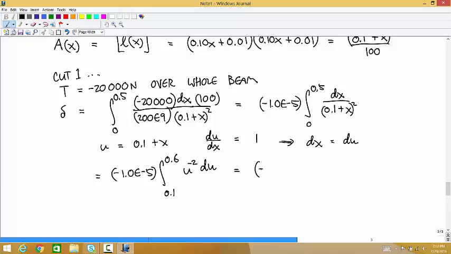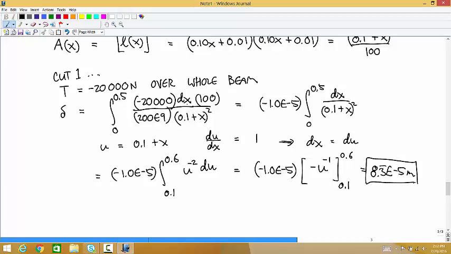And so that's equal to the constant times negative u to the minus 1 evaluated from 0.1 to 0.6. And you get 8.3 repeating times 10 to the minus 5 meters. Any questions about that?